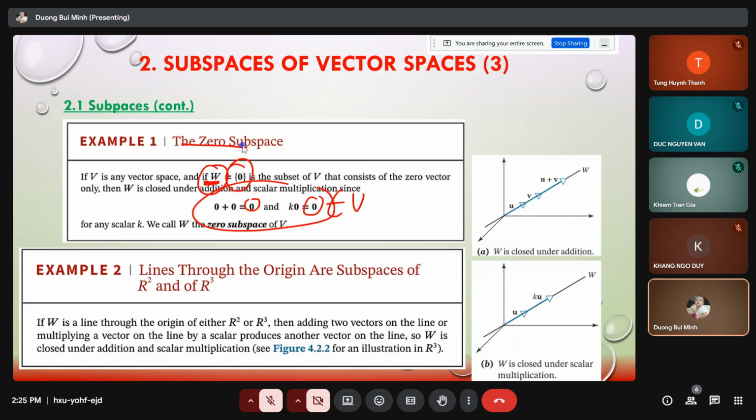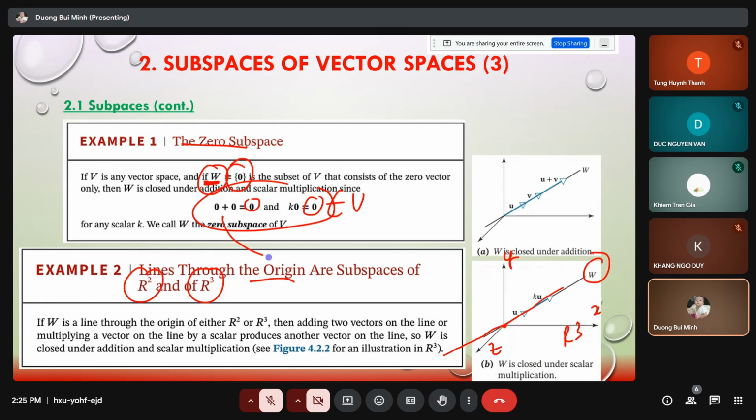We have that lines through the origin are subspaces of R2 and R3. For example, here we have R3, the three-dimensional space with x, y, z, and we have a line that goes through the origin. This is a subspace. Why do we need to consider the origin?